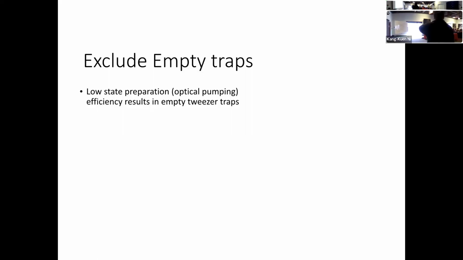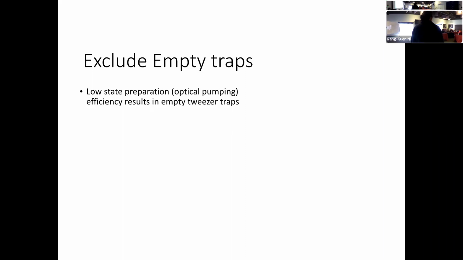So how do we handle that? If we have a way to really turn that down spin to up and image, and see, okay, it's really up now, or it's really empty. Then if it's empty, you just throw that away. You can post-select on that. Does that make sense?